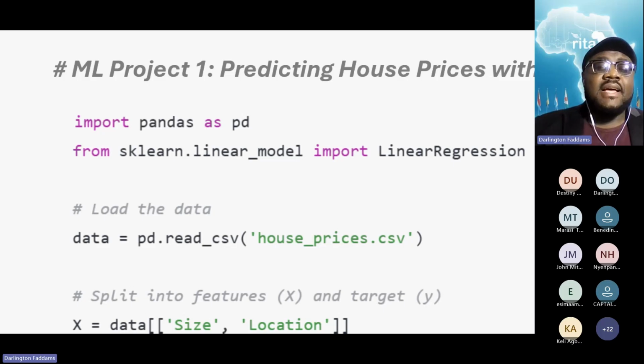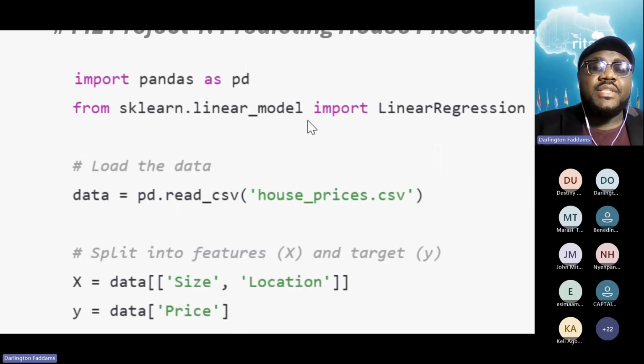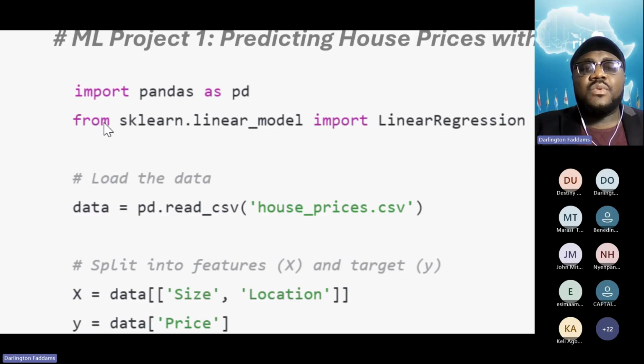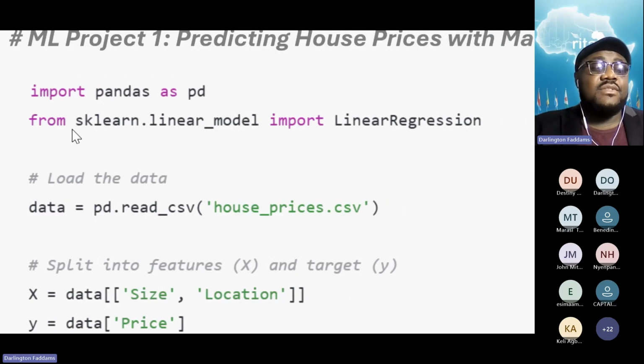It is super popular. It is called scikit-learn. In code, we call it sklearn, but outside code, you are going to be hearing scikit-learn. From sklearn, you can import linear regression. This is actually what is going to do the magic in this particular project.